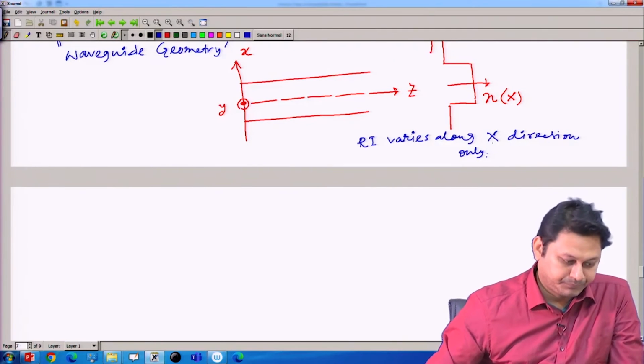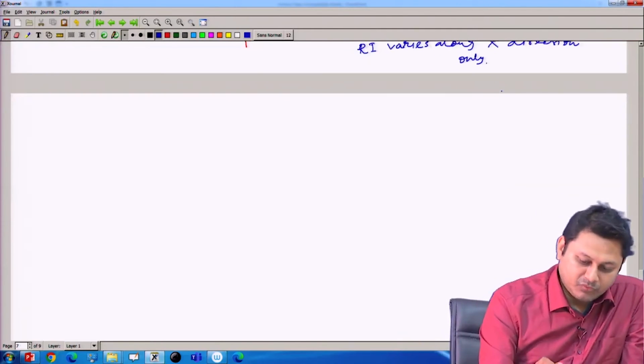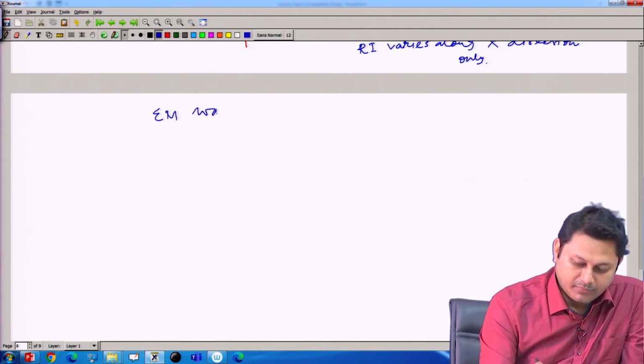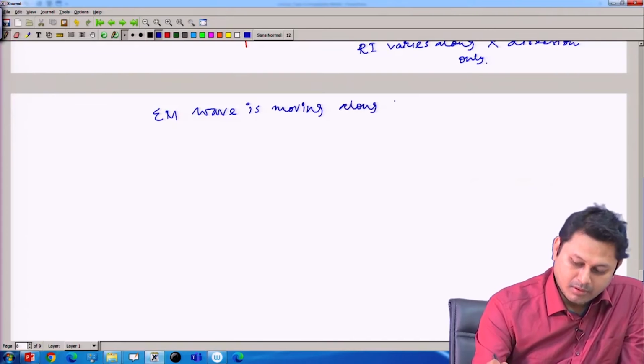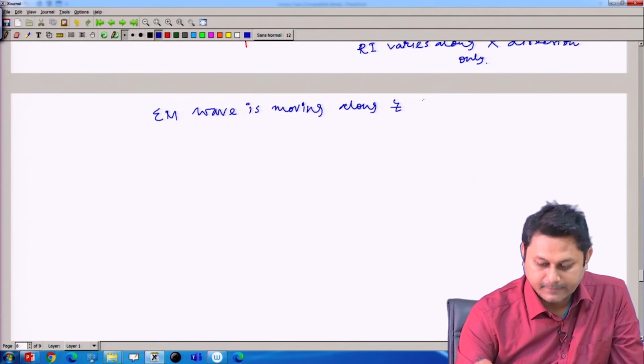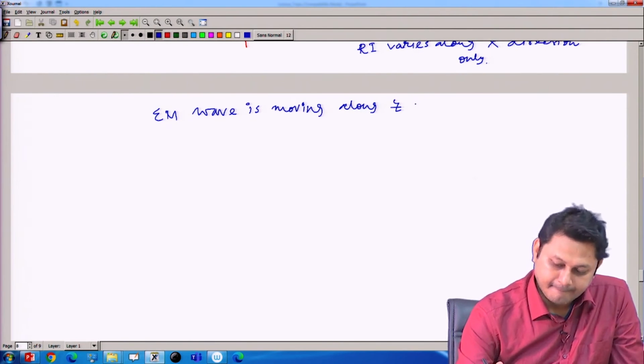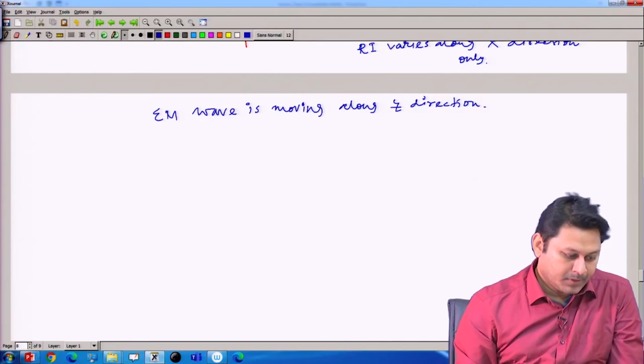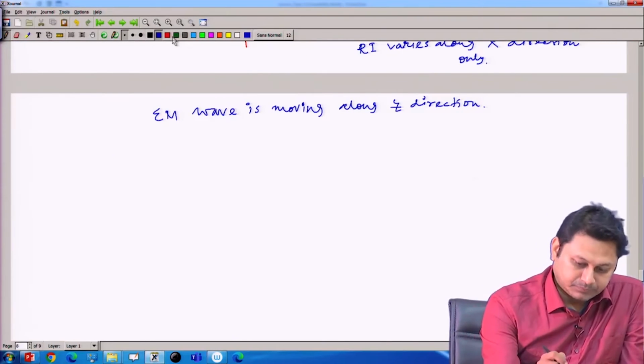Well, an EM wave is moving along the z direction.